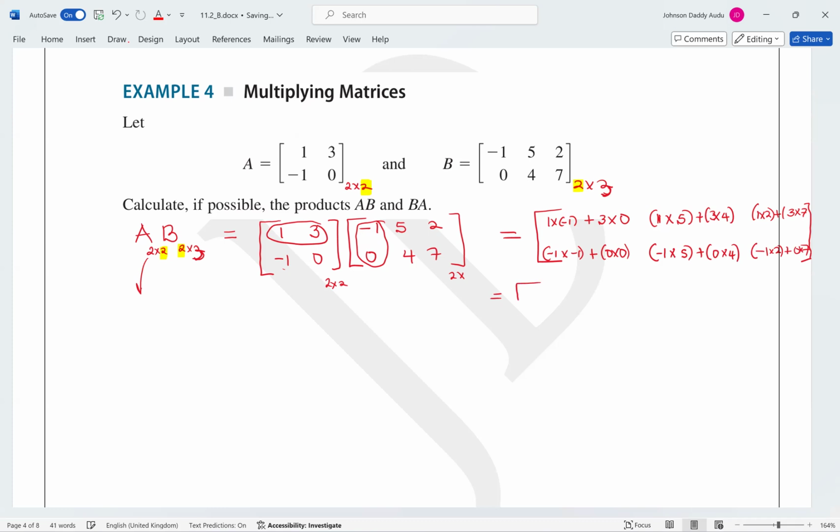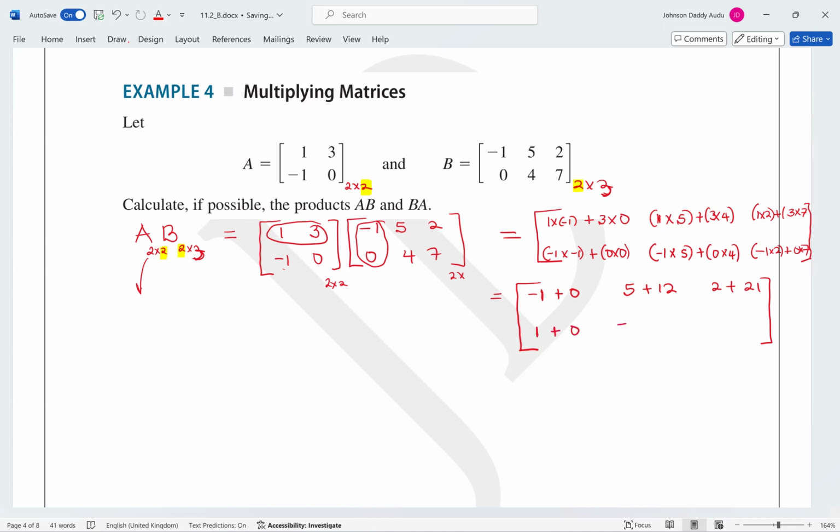So we can write this easily. This is minus 1 plus 0, and here it's 5 plus 12, and here it's 2 plus 21. And then this is minus 1 times minus 1, which is going to be 1 plus 0.